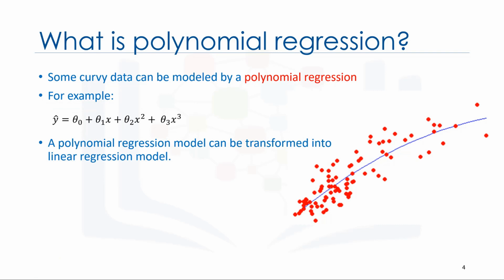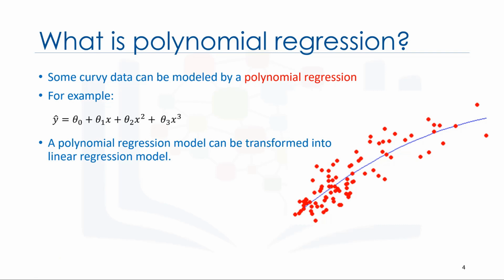Though the relationship between x and y is nonlinear here, and polynomial regression can fit them, a polynomial regression model can still be expressed as linear regression. I know it's a bit confusing, but let's look at an example.